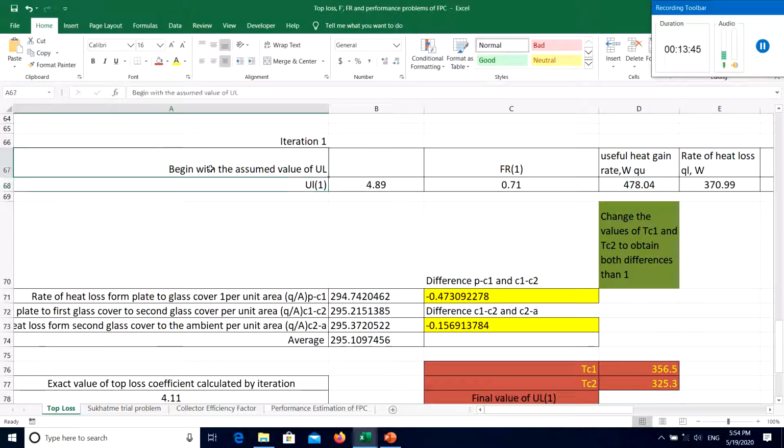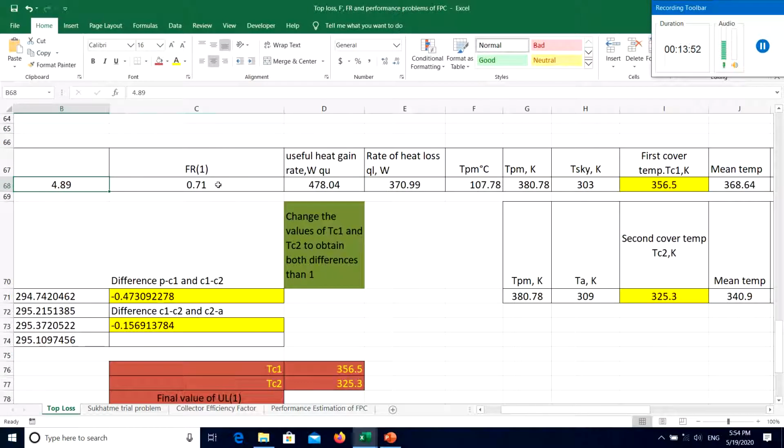Begin with the assumed value of UL, overall heat loss coefficient. Then calculate FR.